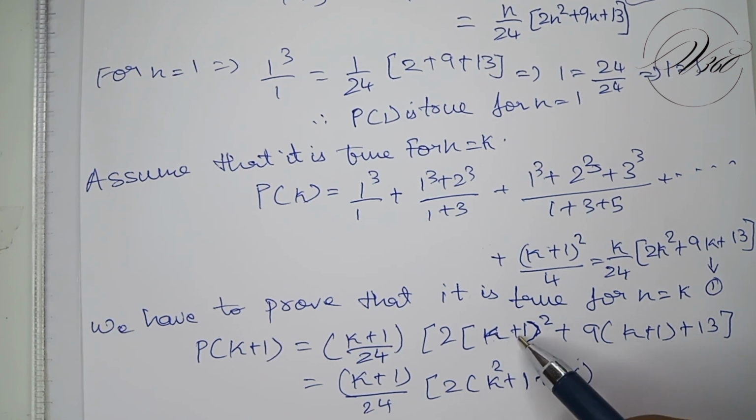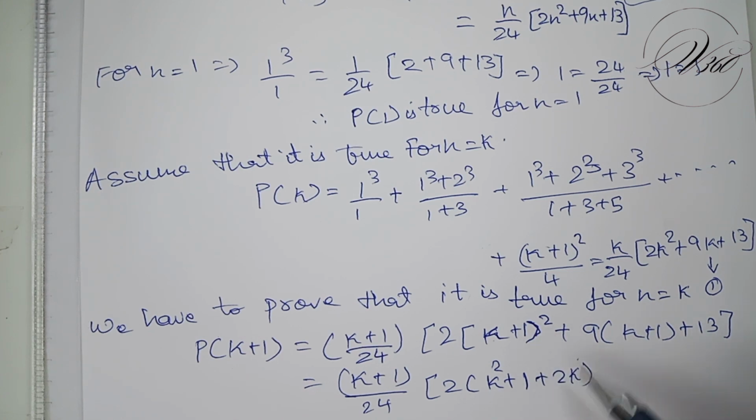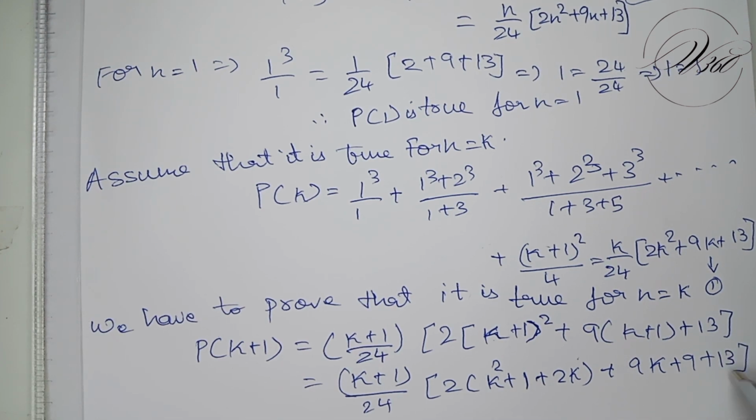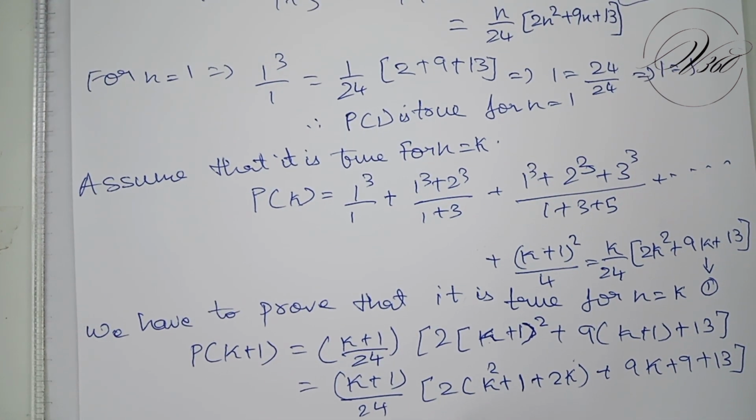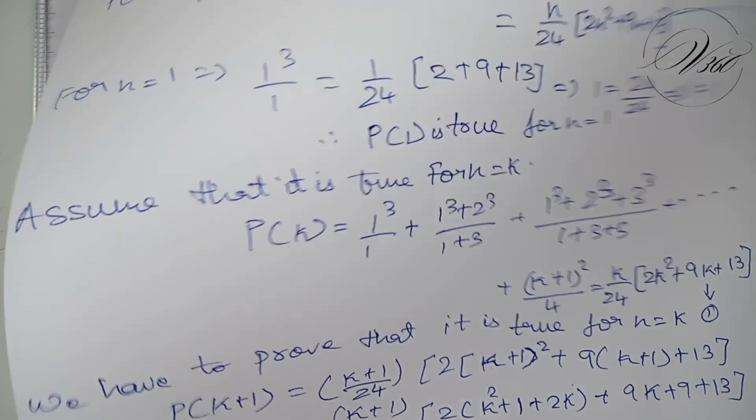I have separated it, means by using formula I have splitted it. Now plus 9k plus 9 plus 13. These are very simple calculations.